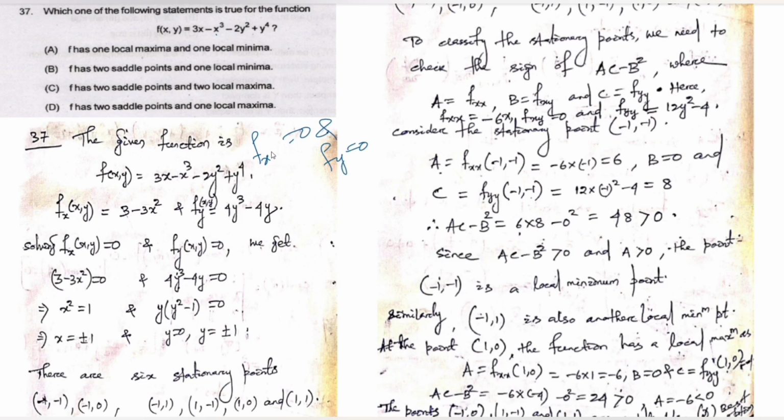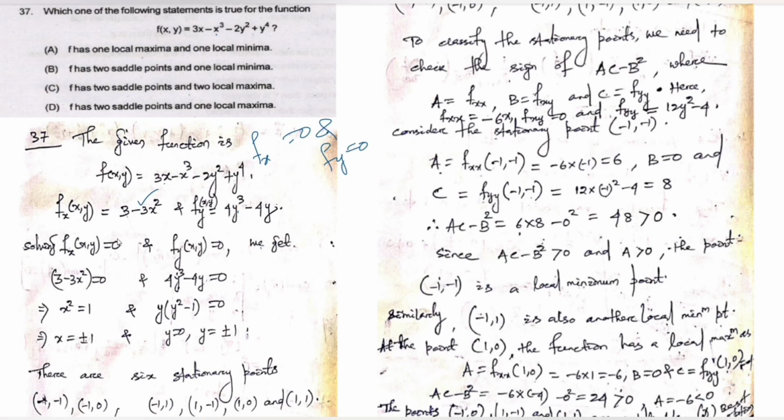So to find the stationary points, we have to calculate the first order partial derivatives of f here. fx, the partial derivative of f with respect to x, is 3 - 3x^2. Similarly, fy is 4y^3 - 4y.